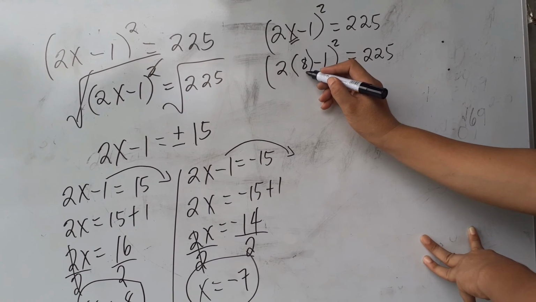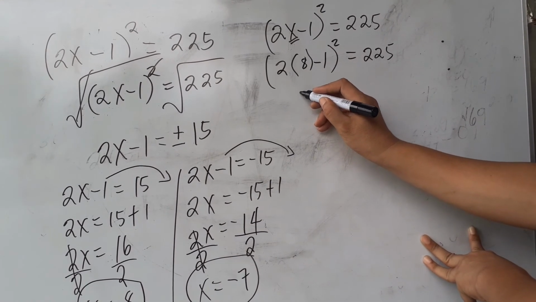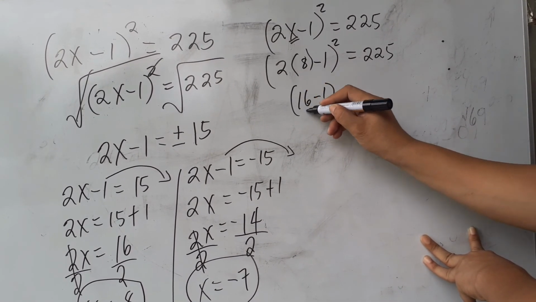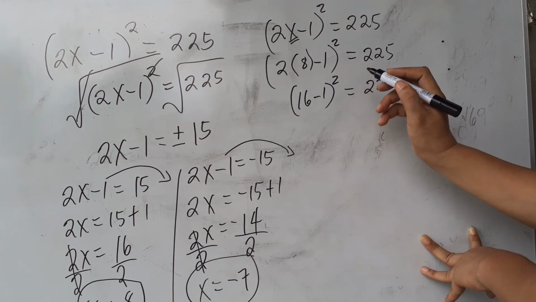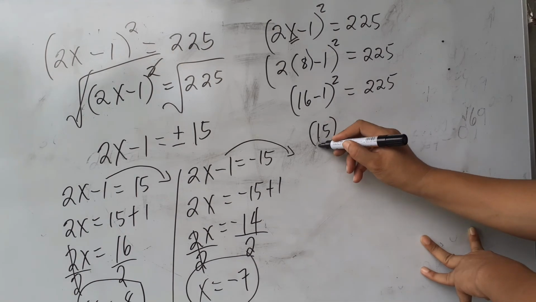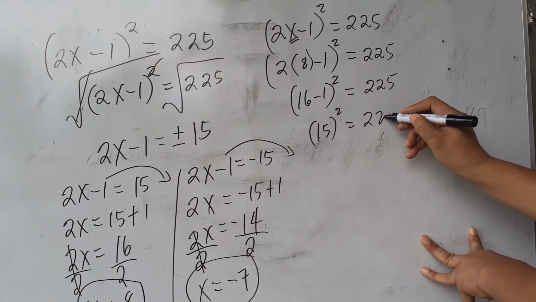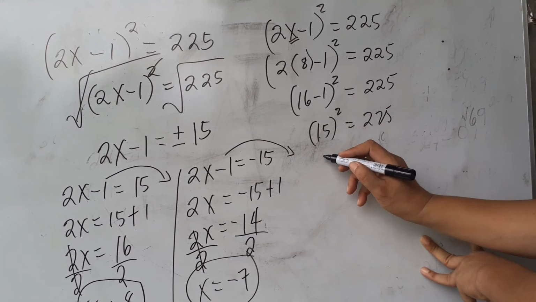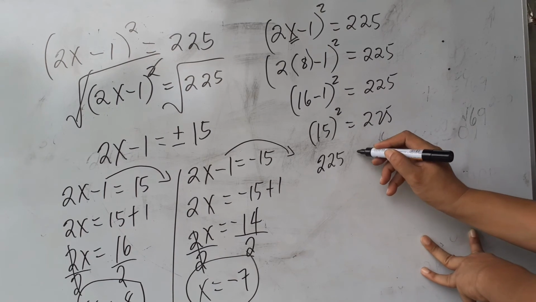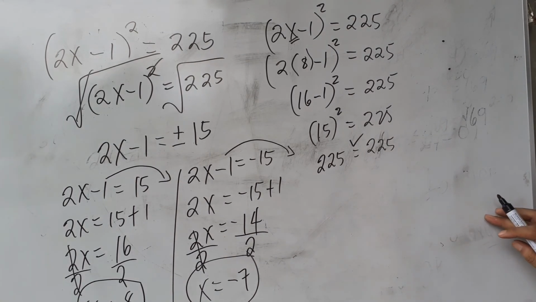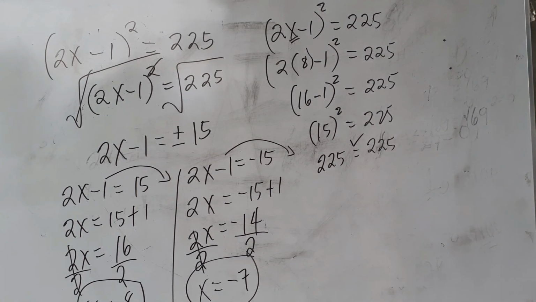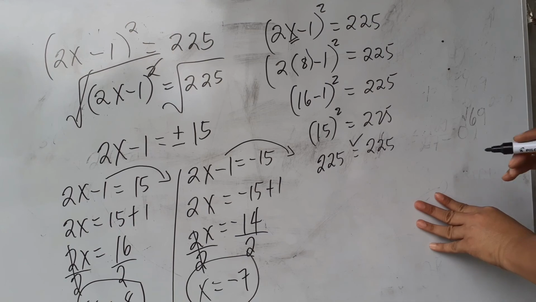So 2 multiplied by 8 is 16 minus 1. 16 minus 1 is 15. Squared is equal to 225. 15 multiplied by 15 is 225. It is equal to 225. Okay, check.